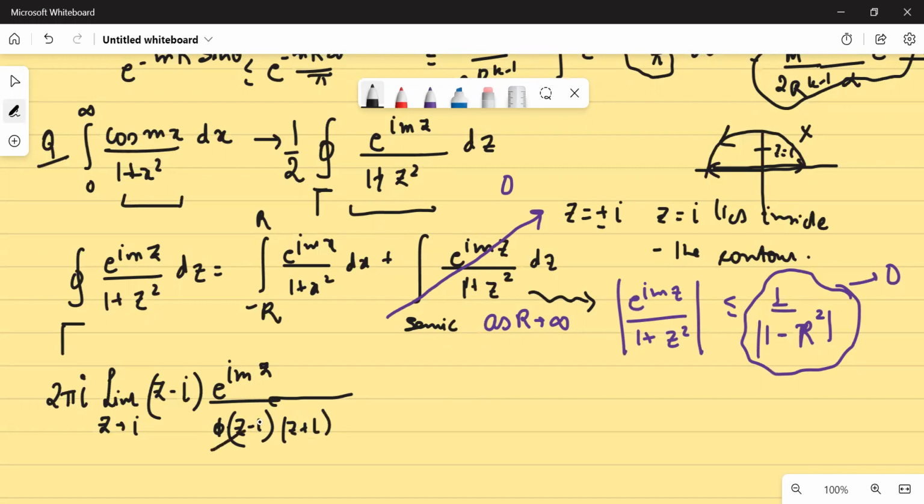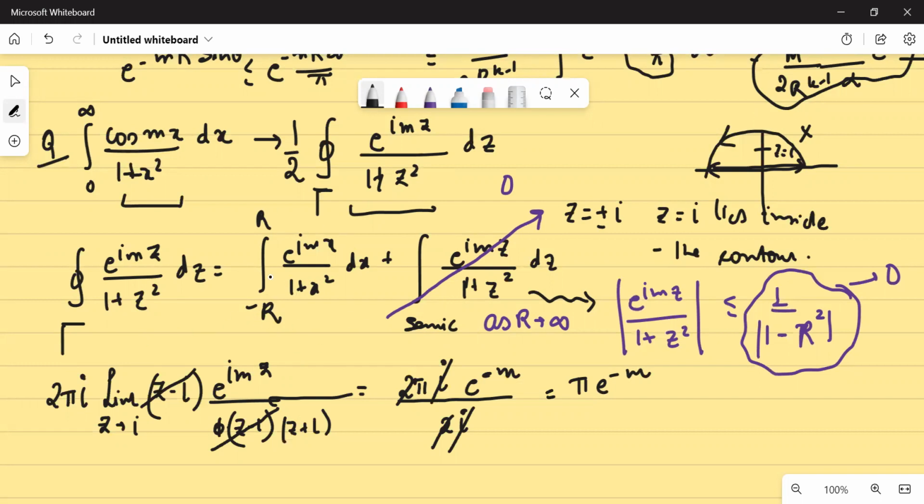The z minus iota cancels, and you're left with 2 pi iota e to the power minus m divided by 2 iota. Iota gets cancelled with iota, 2 gets cancelled with 2. So you're left with pi e to the power minus m. Is that clear? So this entire thing will become pi into e to the power minus m.